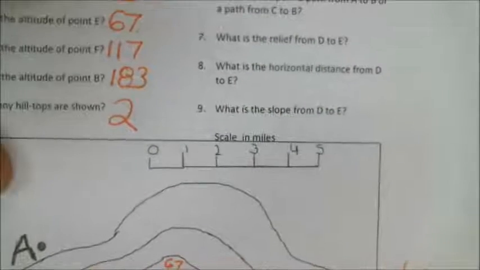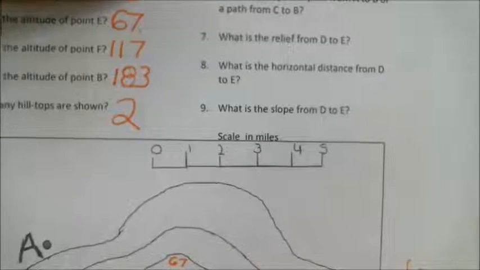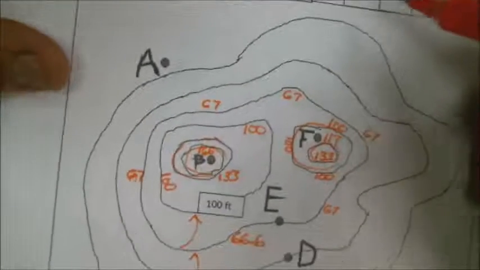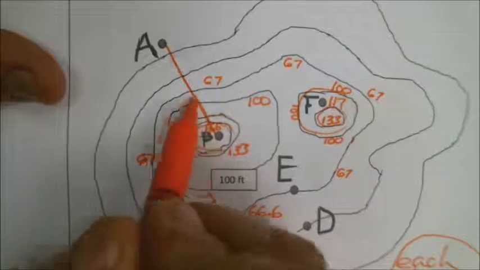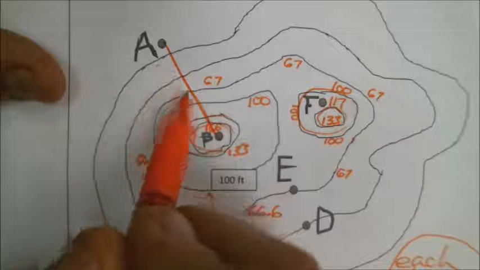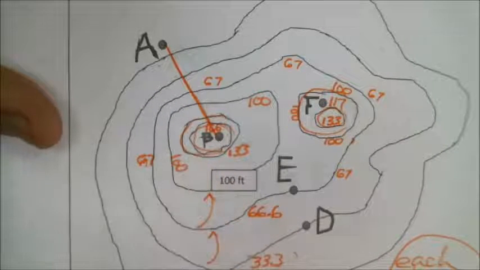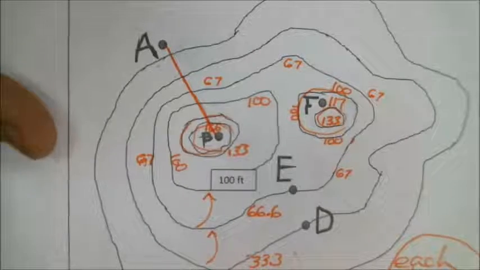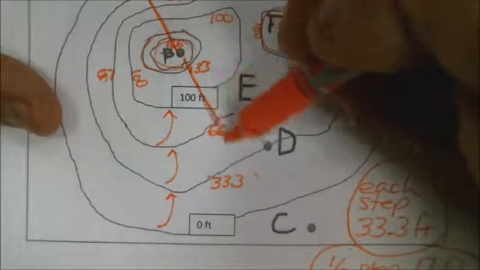Number 6, which is steeper, a path from A to B or a path from C to B? A to B is shown right here. Let's draw a line from one to the other. Now note how close together the contour lines are there. And then the other path that we want to compare it to is from C to B. That's here.